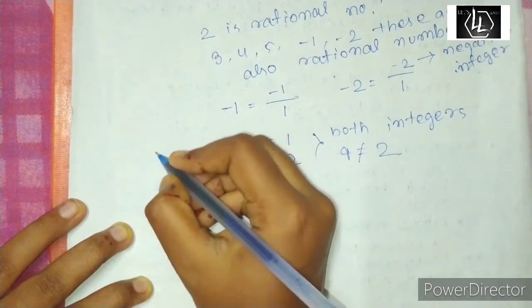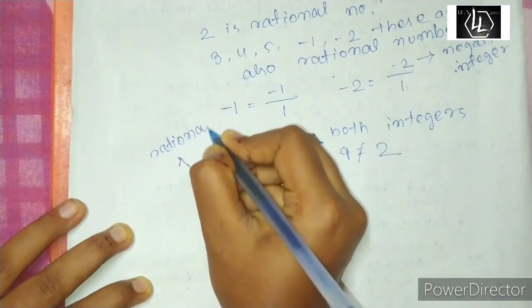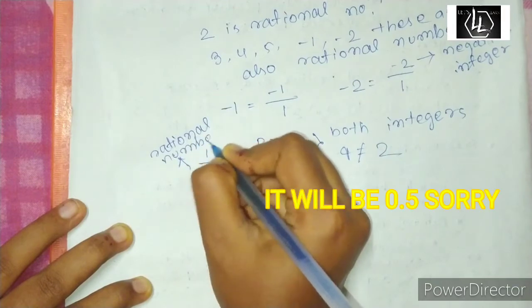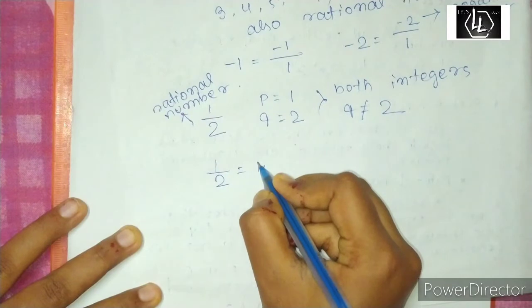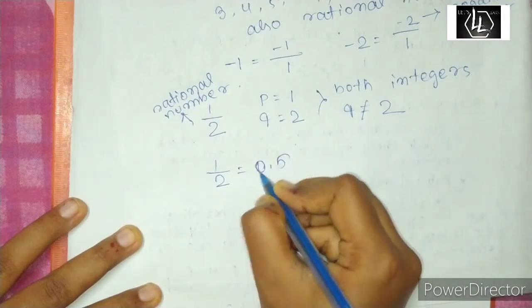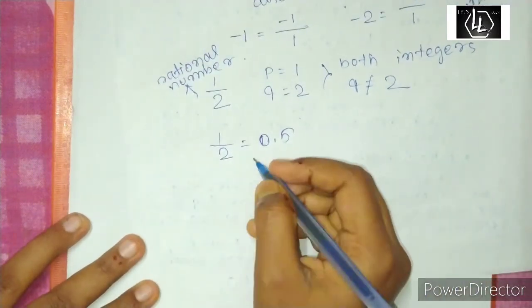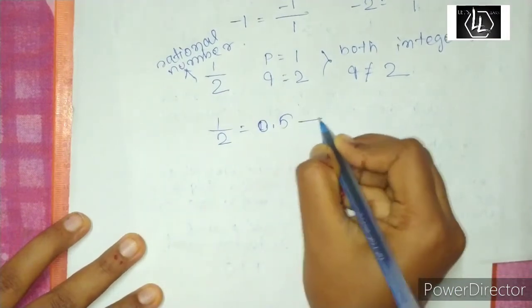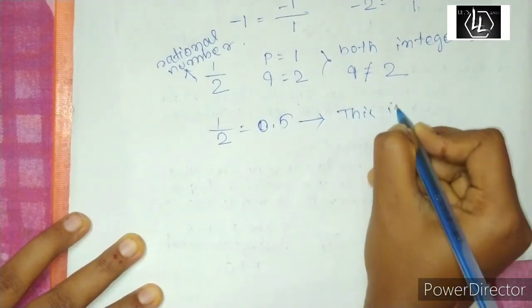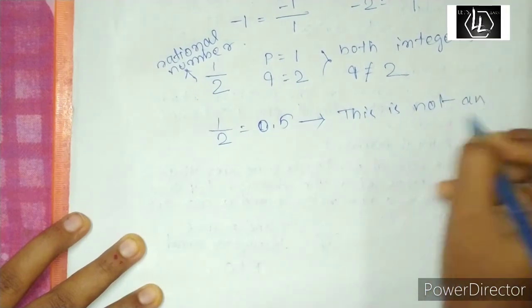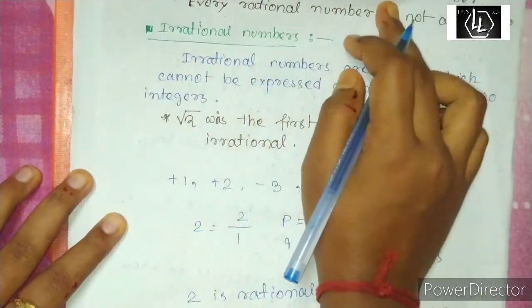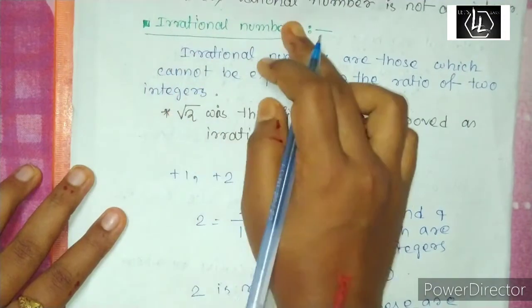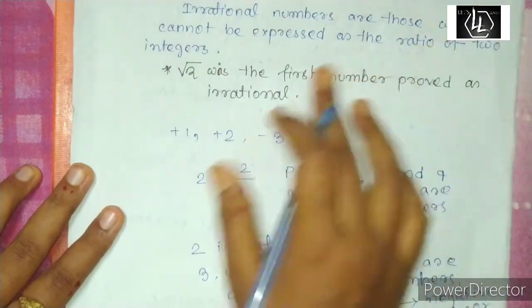So this is a rational number. But the answer is coming 0.5, so this is not an integer. So we can conclude that every integer is a rational number, but every rational number is not an integer.